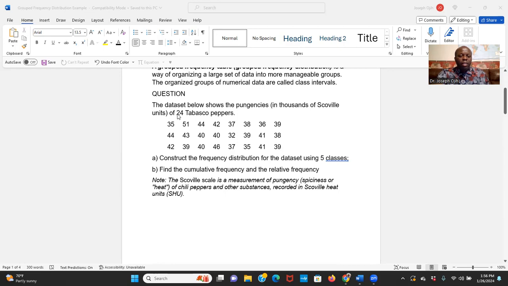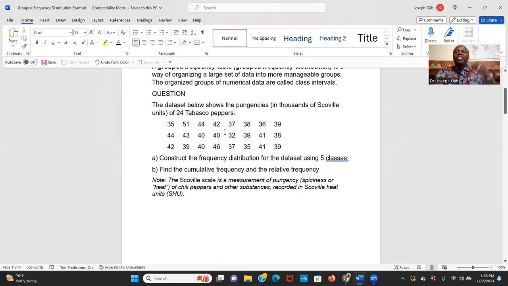The question says, the data set below shows the pungencies in thousands of Scoville units of 24 Tabasco peppers. For those of you who don't understand what pungency is, the Scoville scale is a scale we use to measure pungency.